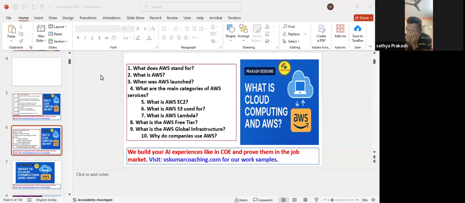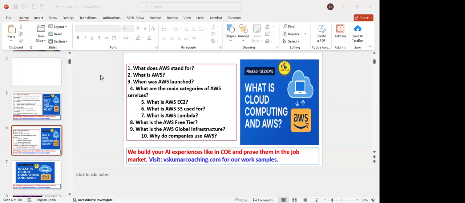I don't know how to say this. Yeah, it can be divided into availability zones depending upon the location. Okay. So 10th question is, why do companies use AWS?